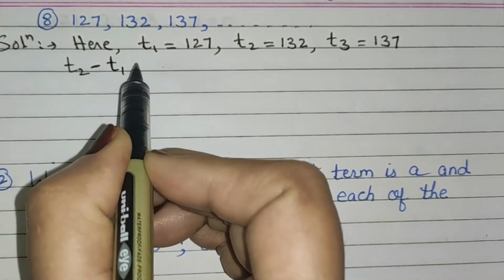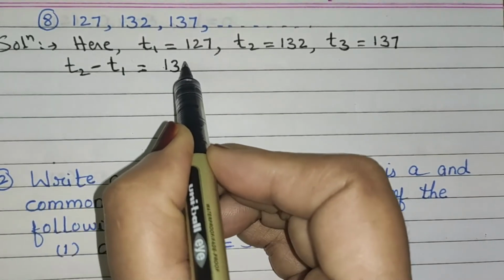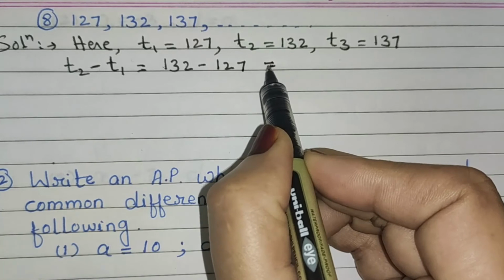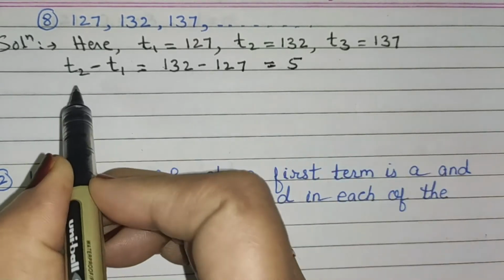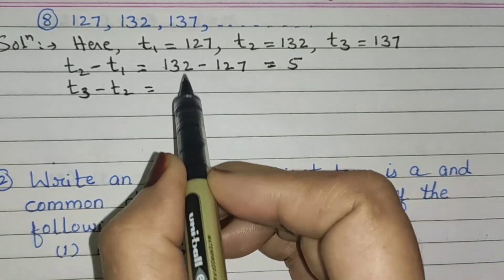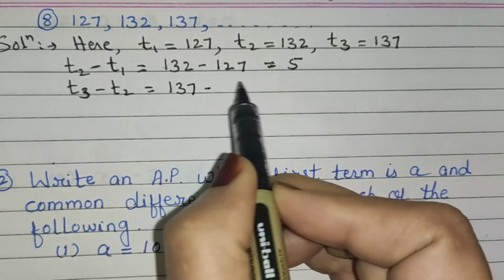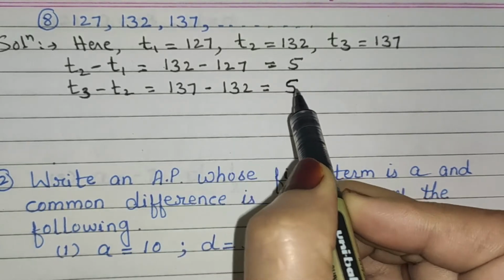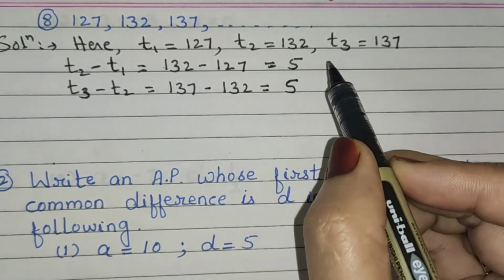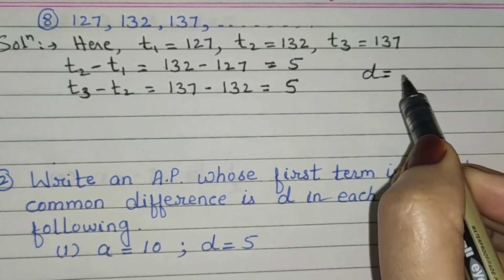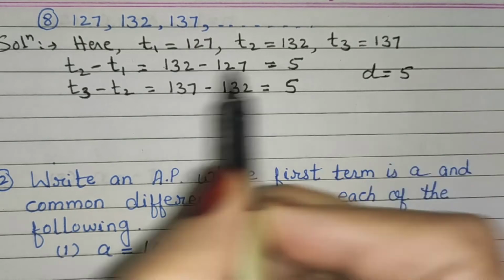T2 minus T1 is equal to 132 minus 127, which is equal to 5. Next, T3 minus T2 is equal to 137 minus 132. It is also equal to 5. Now the difference is same here. Therefore, the common difference D is equal to 5.